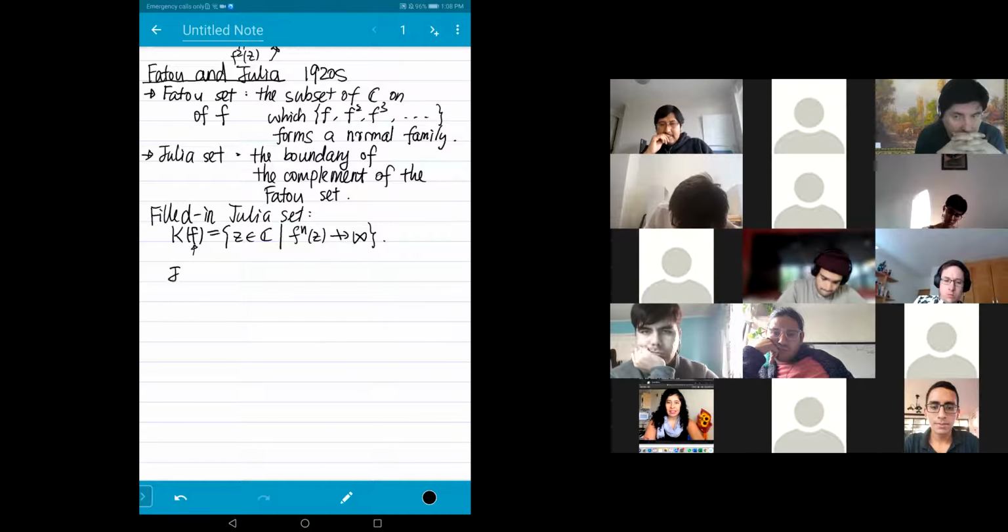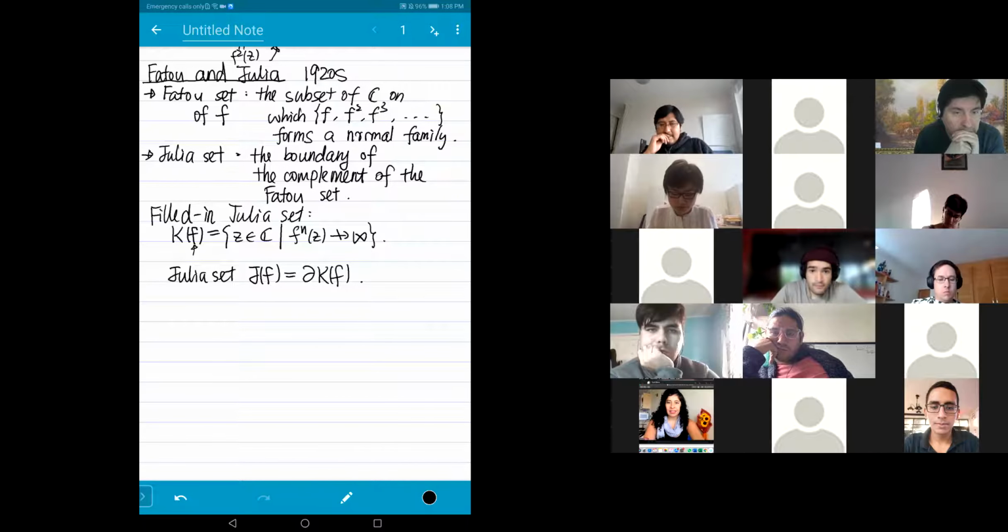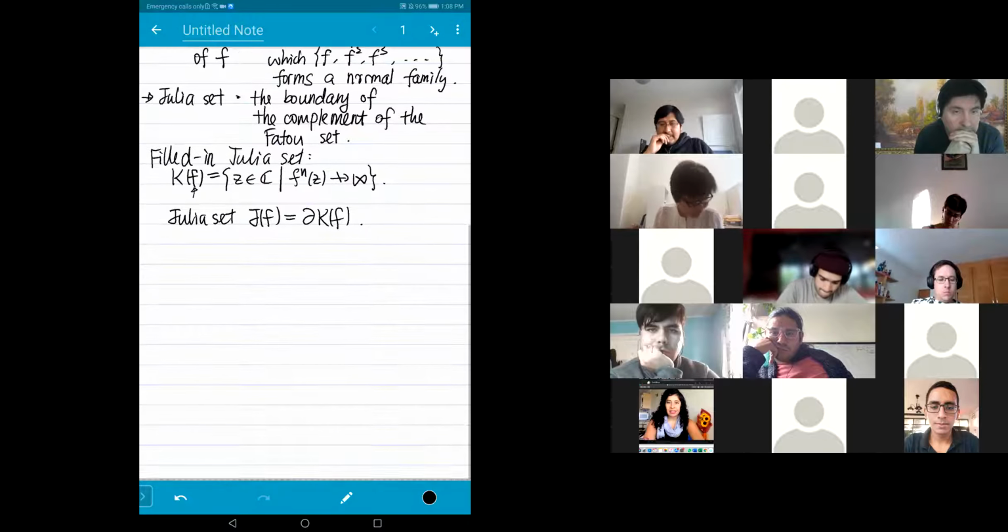The Julia set, which is denoted by J of f, is the boundary of the filled Julia set, or you can think of the filled Julia set as the complement of the Fatou set. In this definition, it's very easy to get an idea of what a Julia set is, right?